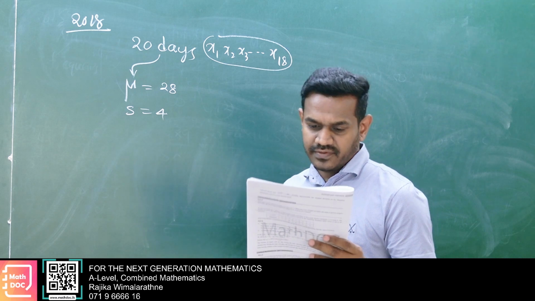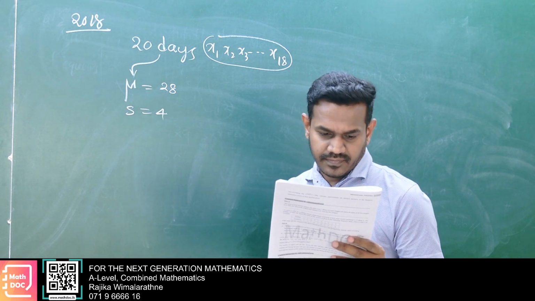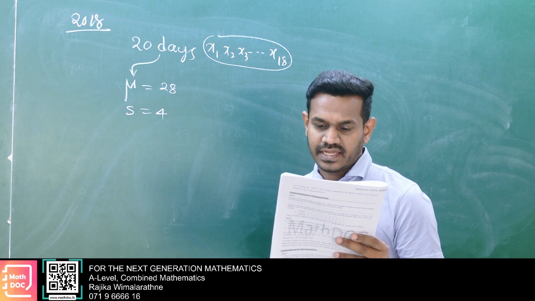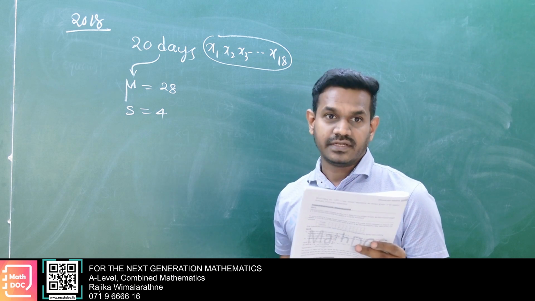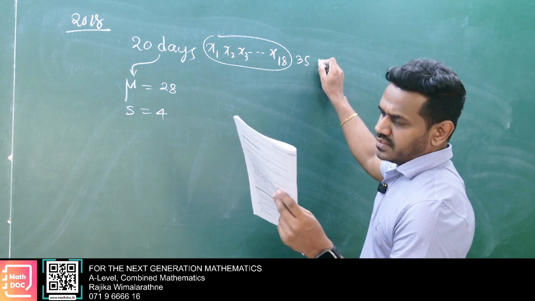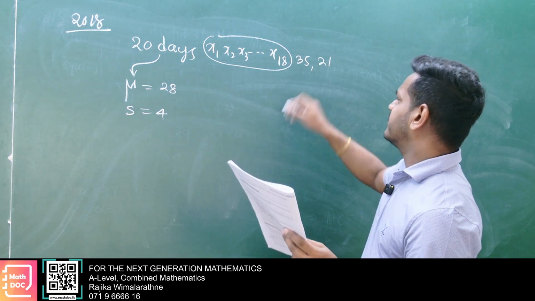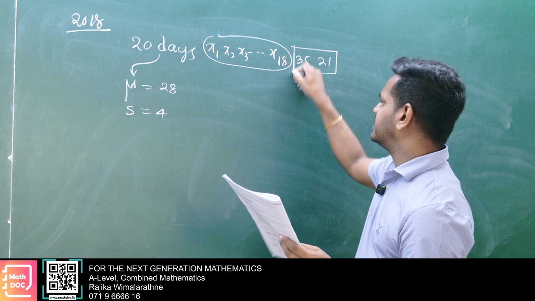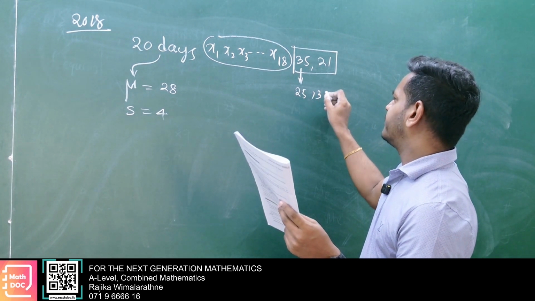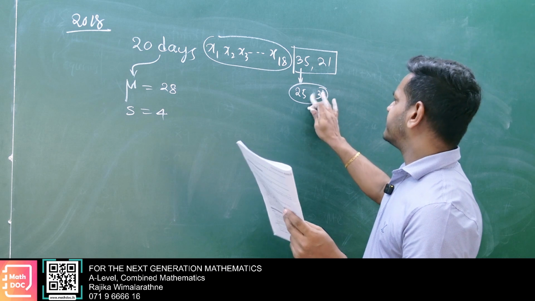Then the mistakes here, 35 and 21, were later corrected to 25 and 31. So this includes 35 and 21, and we have to reset this to 25 and 31.